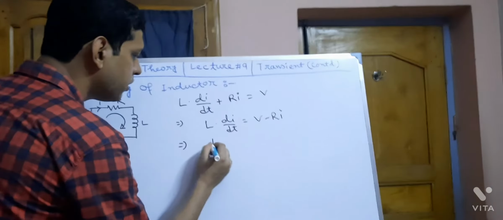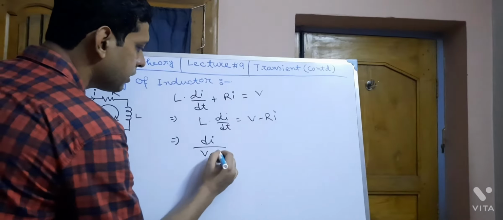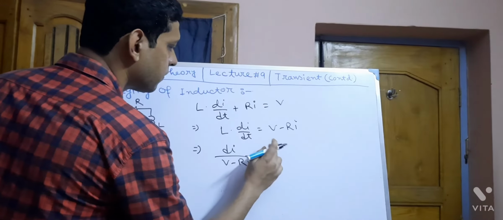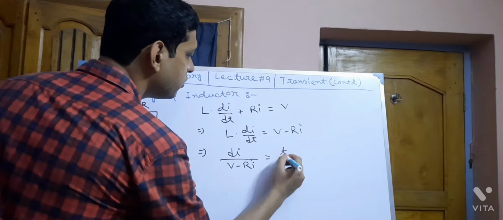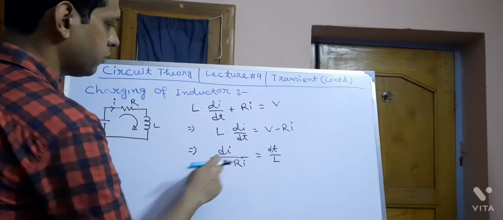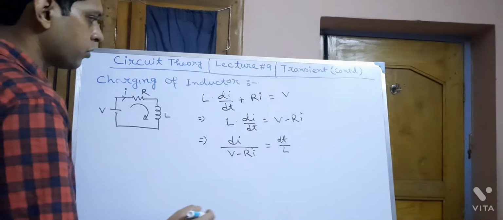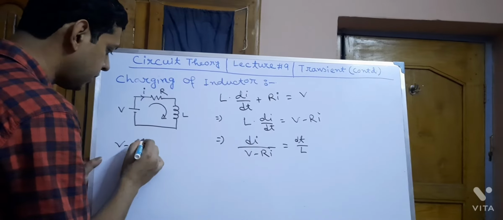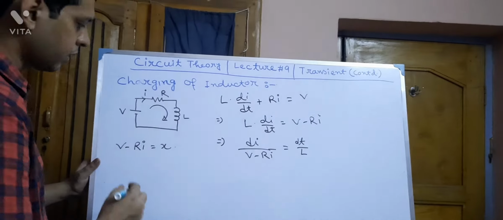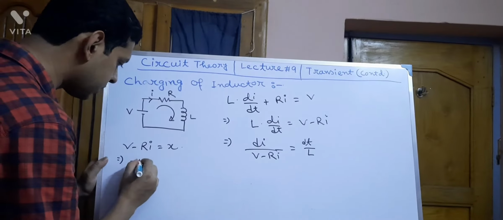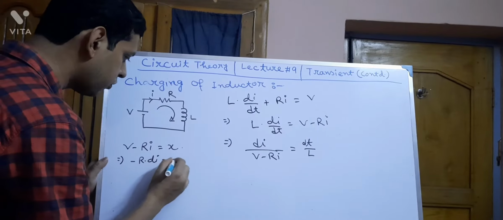This gives di by (V minus Ri) equal to dt by L. Now let us imagine V minus Ri equal to x. So minus R di equal to dx.